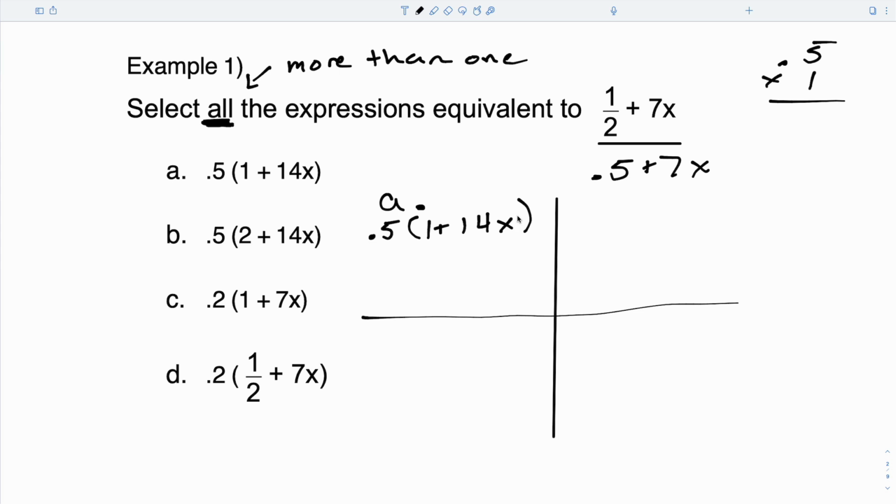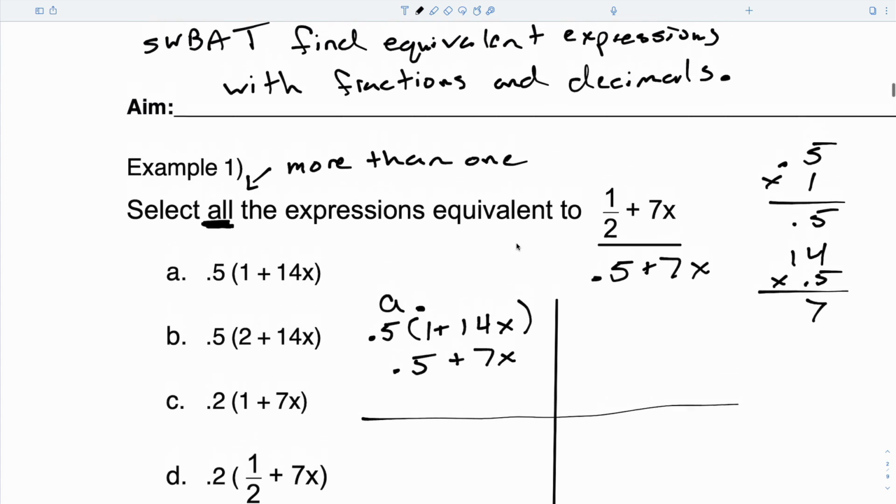It's just 0.5. Okay. Let's put that there. And 0.5 times 14, or 14 times 0.5. I could also think of it as half of 14. What's half of 14, Leighton? 7. So we have 0.5 plus 7x.